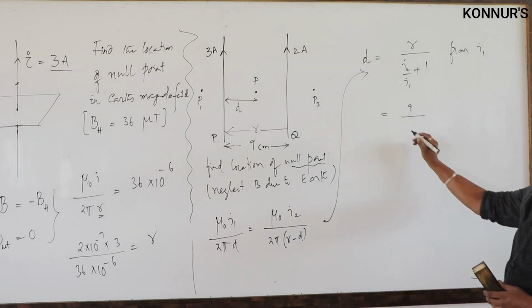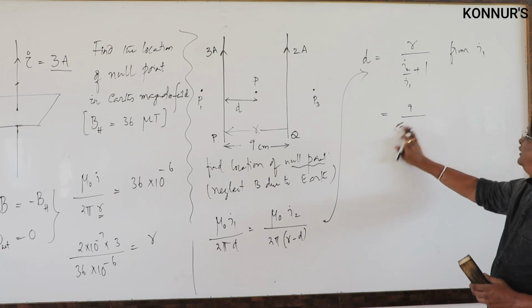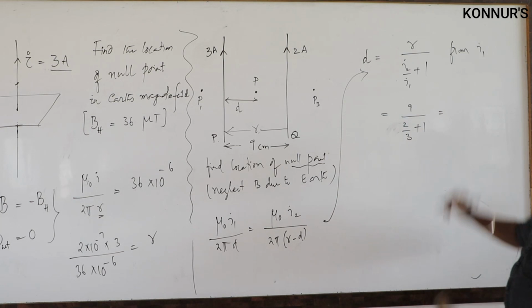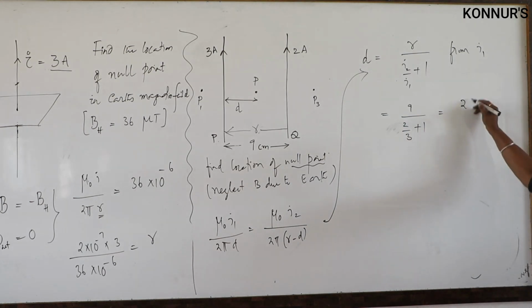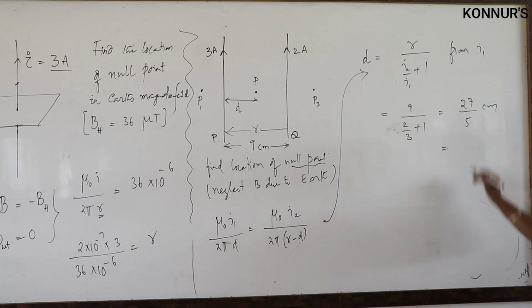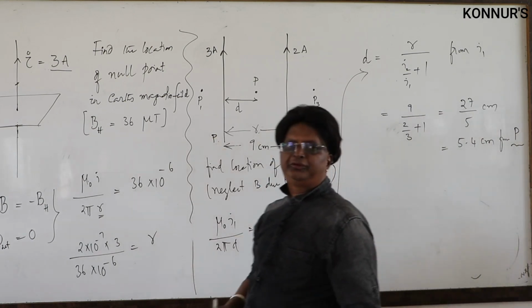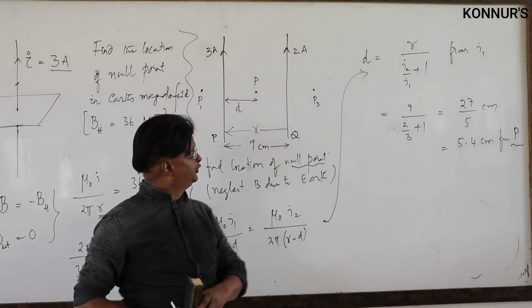So it is 9 by (2 by 3 plus 1), which is 27 by 5 cm, that is 5.4 cm from P. Or else 9 minus that, from Q.